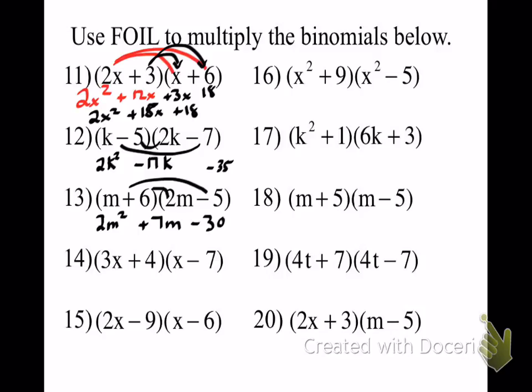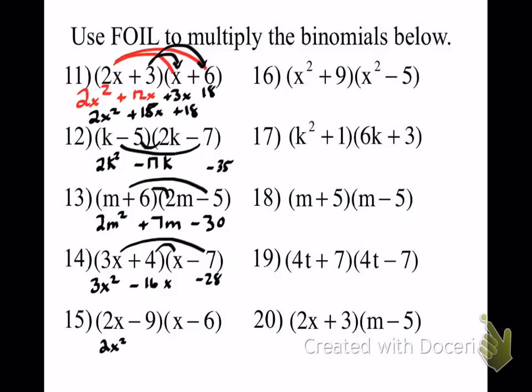Okay, my first one's going to be 3x squared. My last term is going to be minus 28. And my inner term is going to be 4x. And my outer term is going to be minus 21x. 21 minus 4 is negative 16x.